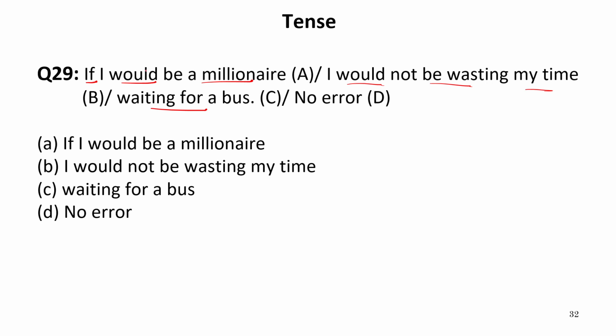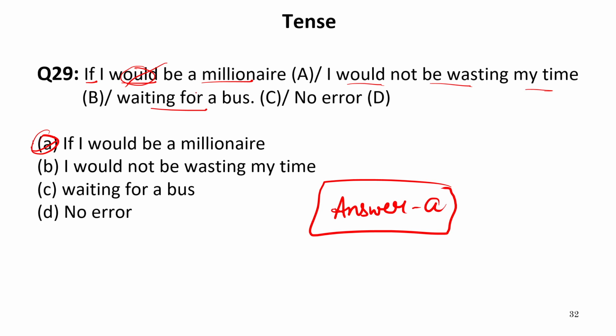Therefore, this would should be eliminated from this part. Therefore, the error is in part A. So our answer is A, and the correct sentence will be, if I were a millionaire, I would not be wasting my time waiting for a bus. Now this would is replaced with were.